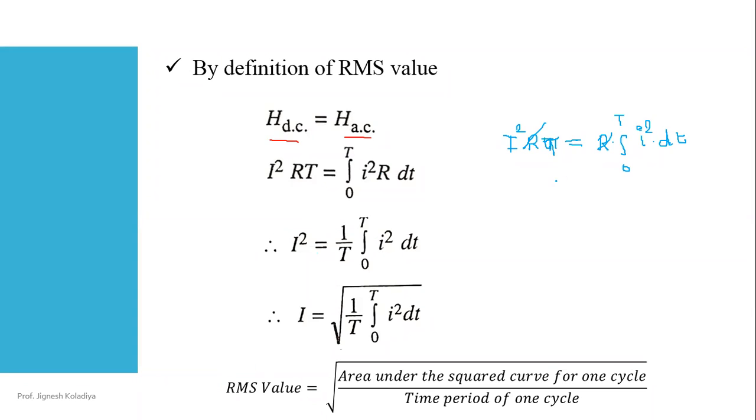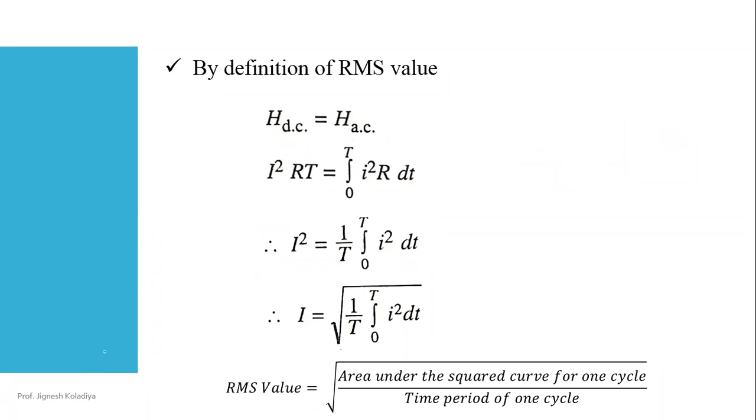So I have I square, take T on this side. So I square is equal to 1 upon T integration 0 to T I square into dt.